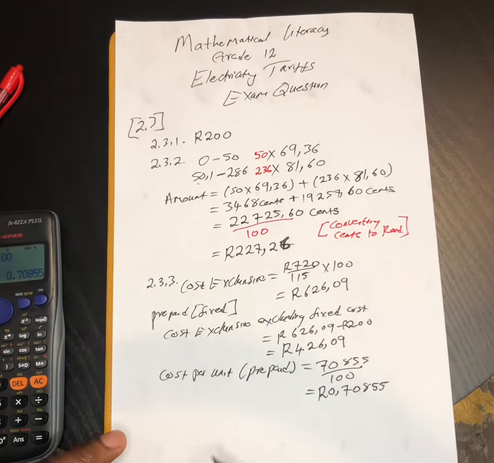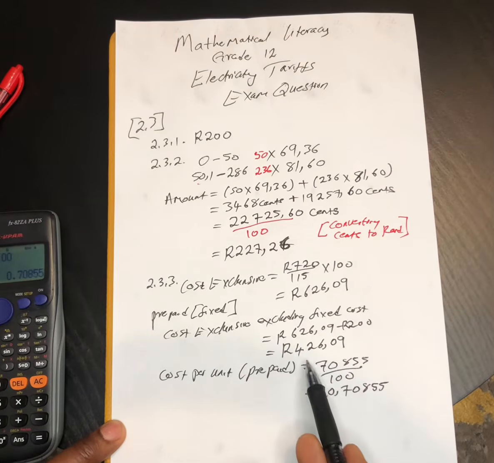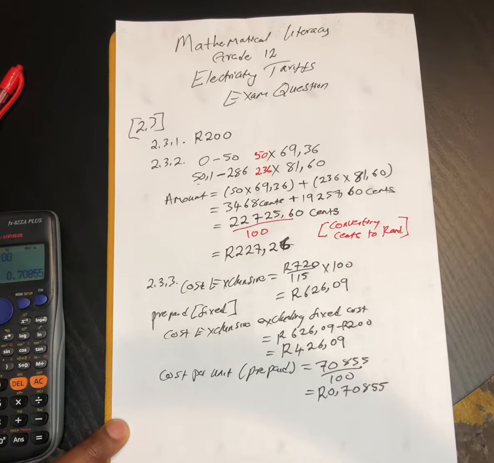So we know that 1 unit is 0.70855 rands, and they have used 426 and 9 cents to buy electricity. So how many units will they get?